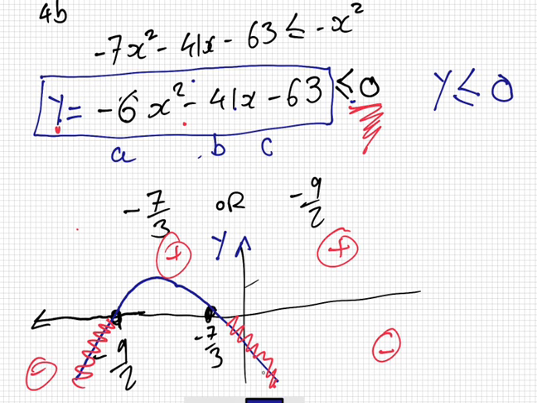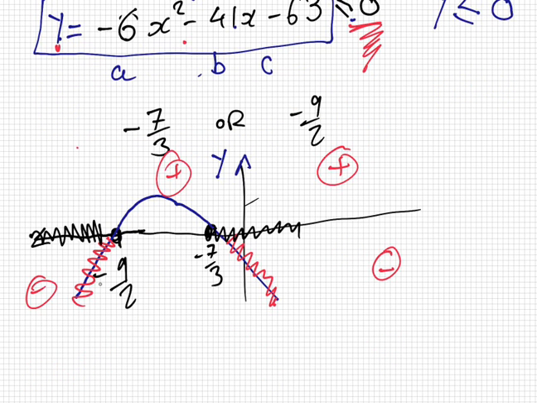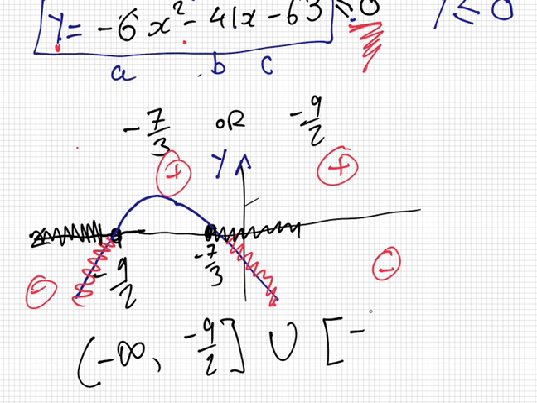So what values of x get me in that part of the graph? Values of x that are smaller than minus 9 over 2 or bigger than minus 7 over 3. So that's the answer. X needs to be smaller than minus 9 over 2 or bigger than minus 7 over 3.